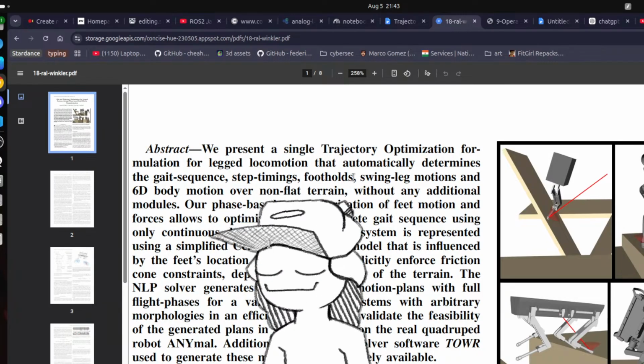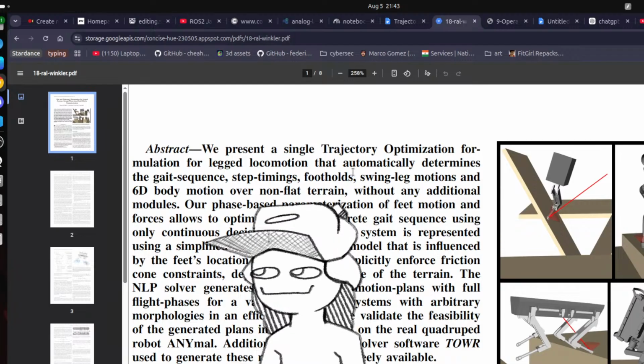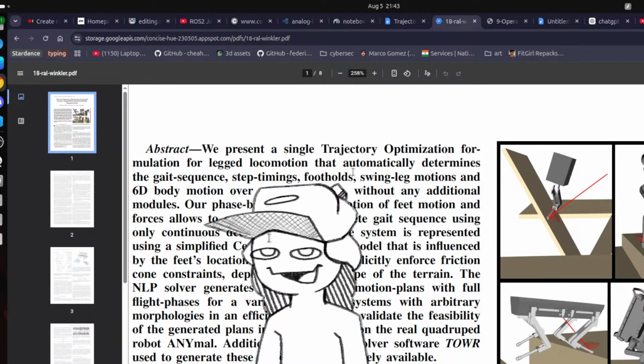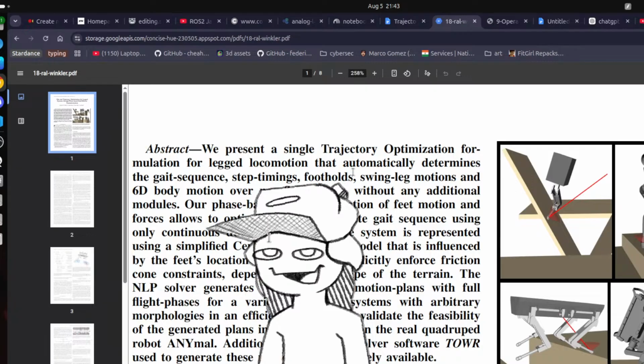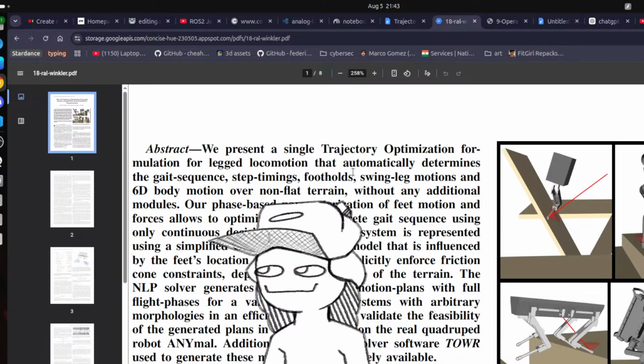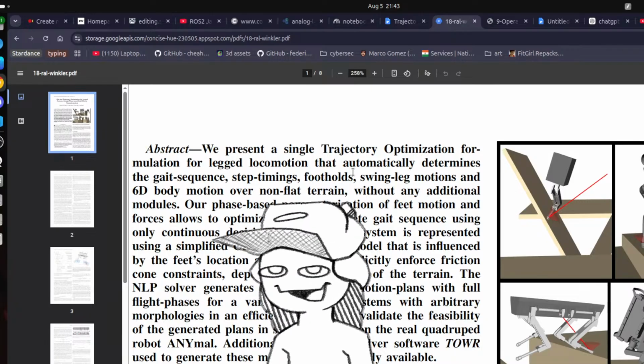These will not be predetermined because you can't really find out the footholds prematurely. That would require scanning the entire environment, which we are abstaining from. We are assuming that we are going over unknown terrains.